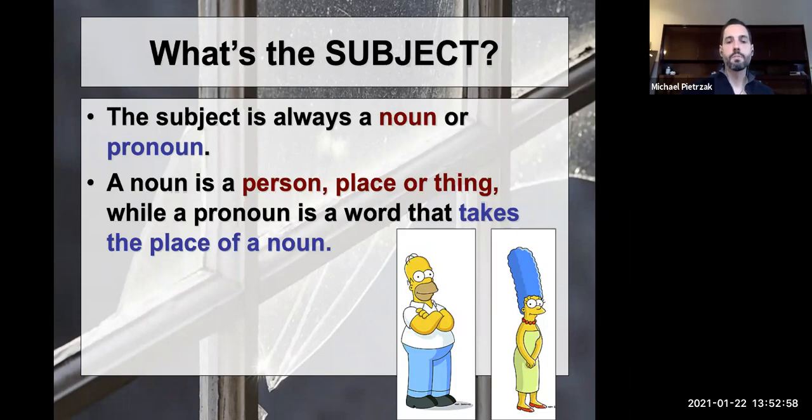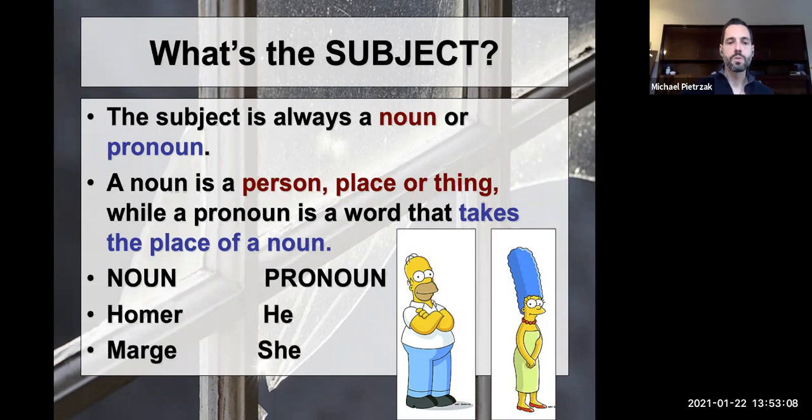So Professor Mike sings, or you replace that with he sings. All right, now we have a pronoun instead of a noun. Hope that's making sense. So examples. Homer is the noun. His pronoun is he, right? In a world where pronouns are quite important, I hope all of you understand this intuitively. Marge is a she, right?